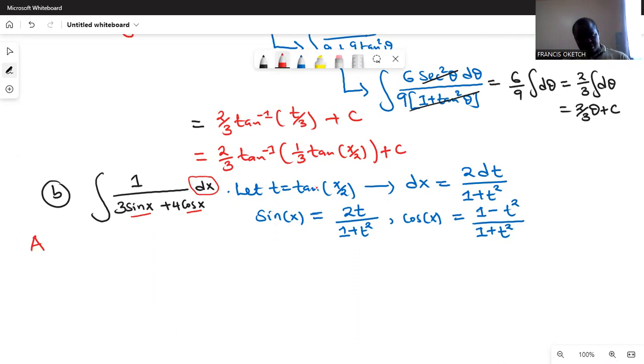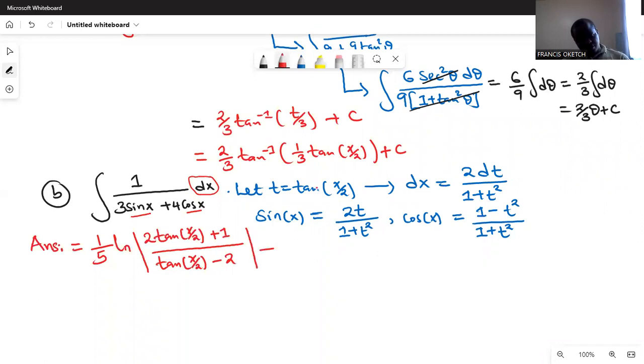Your answer should be equal to 1 over 5 ln of 2 tan x over 2 plus 1, everything over tan x over 2 minus 2, then plus a constant c.